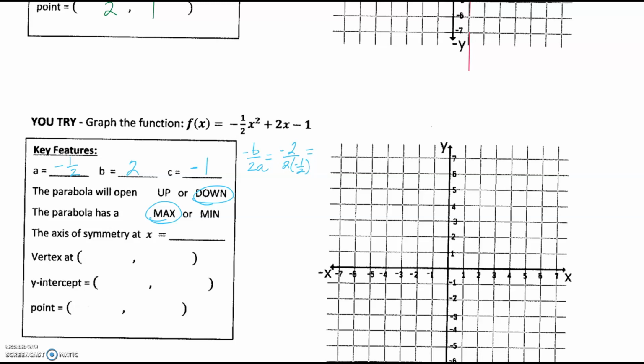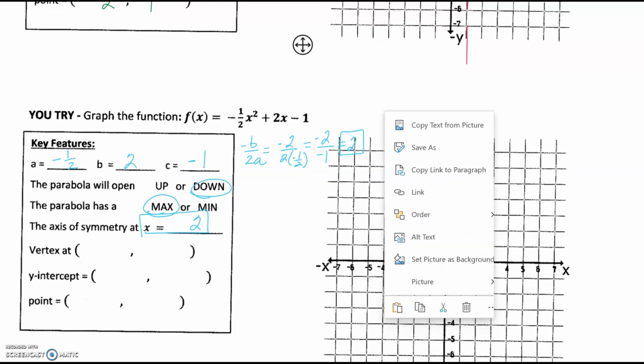So I have negative 2 divided by 2 times negative 1/2. Well, half of 2 is 1, so this is going to be negative 2 over negative 1, and negative 2 over negative 1 equals a positive 2. So I'm going to put x equals 2. Remember, this is an equation. x equals 2.